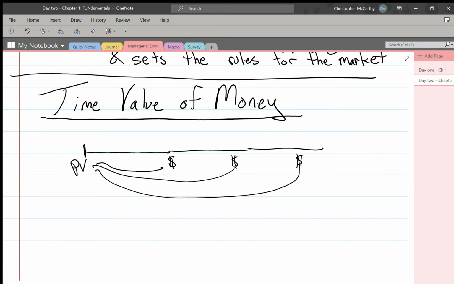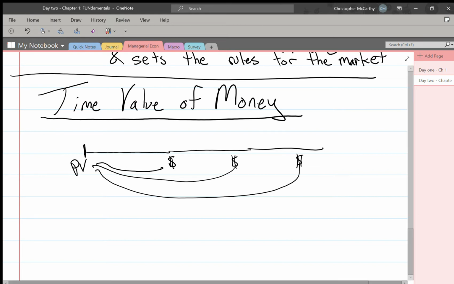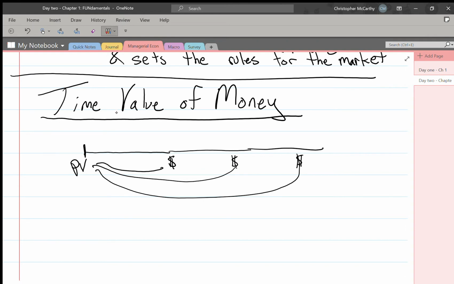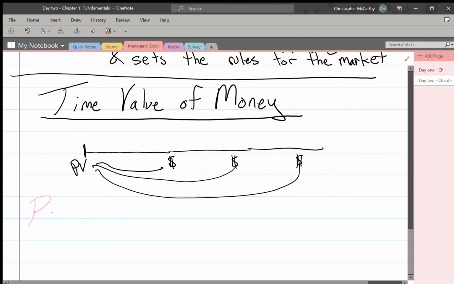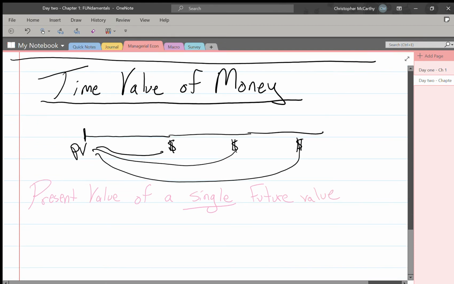So let's start off with just the present value of a single future value. In order to do this, there has to be some sort of prevailing interest rate, or some sort of assumed interest rate.